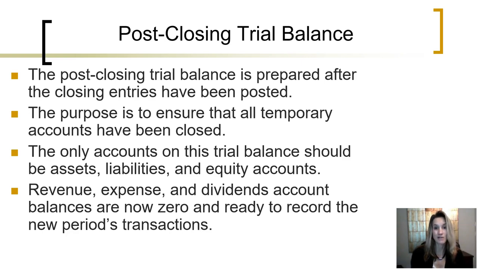That is because all of the temporary accounts, revenues, expenses, and dividends will all be 0. They have nothing recorded in them, and they will be ready to start tracking those transactions in the new accounting period.